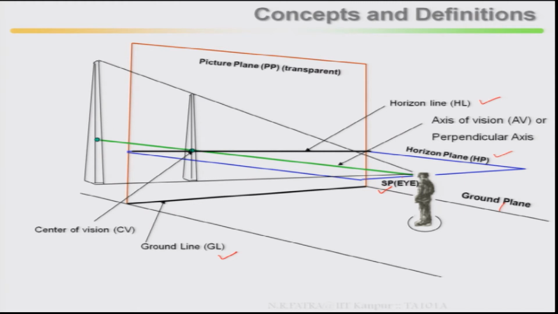There is another term called CV, center of vision. The center of vision is where your axis of vision cuts the projected object on the picture plane. This is called the center of vision, CV.